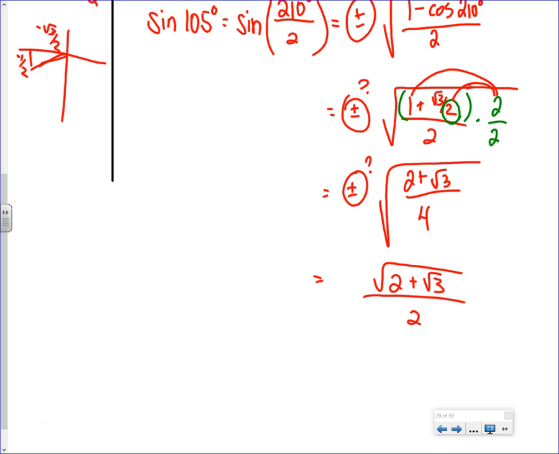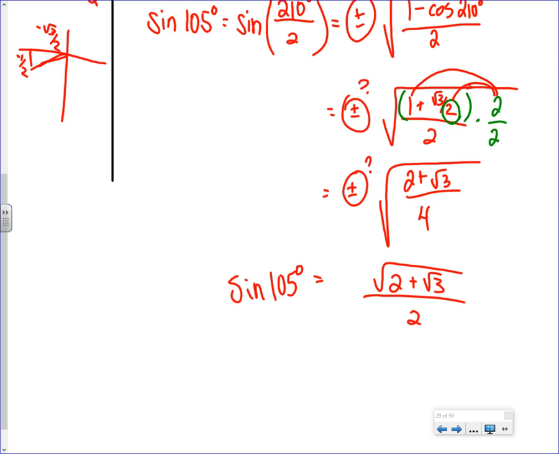In the third quadrant where 210 is, sine would be a negative, but what am I actually finding? Cosine from the third quadrant is also a negative, but what am I finding? Yeah, sine of 105, and guys, what quadrant is 105 in? Second quadrant. Positive.